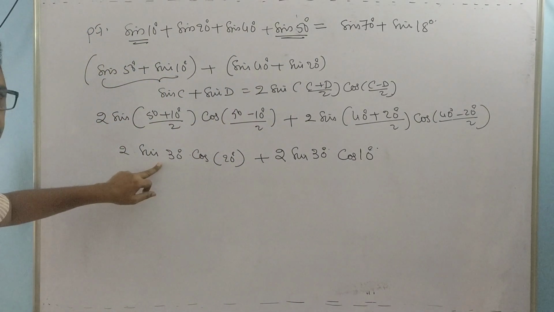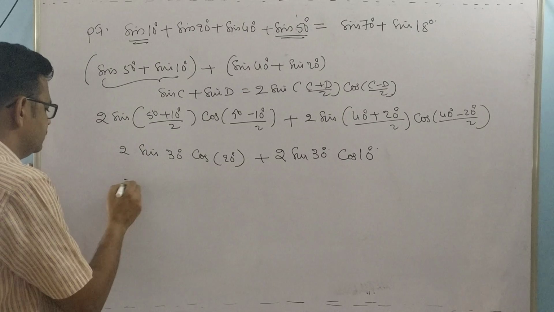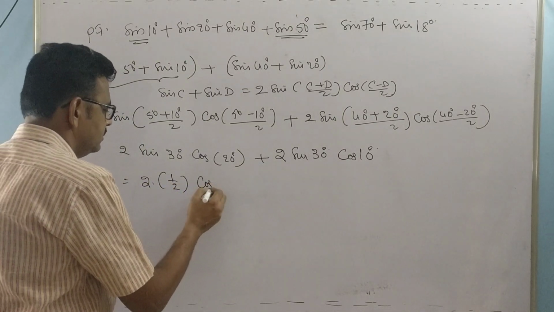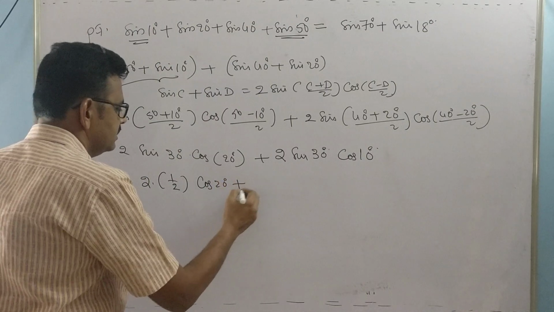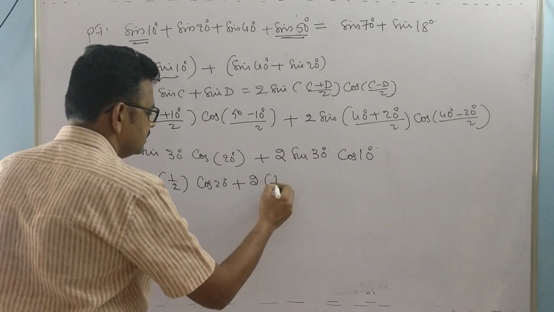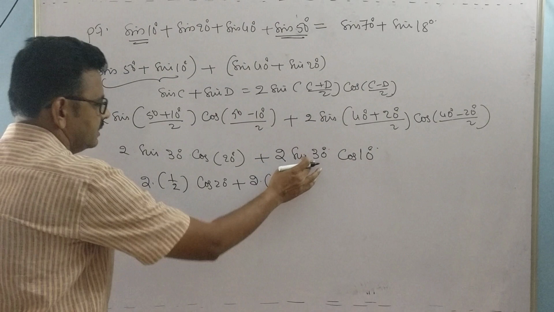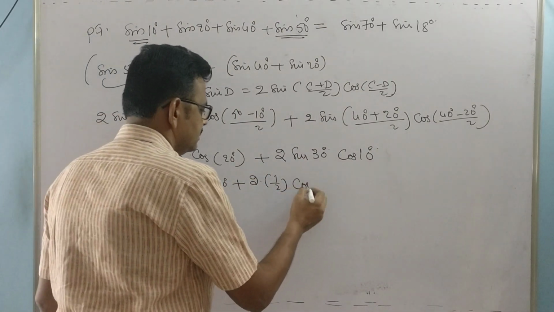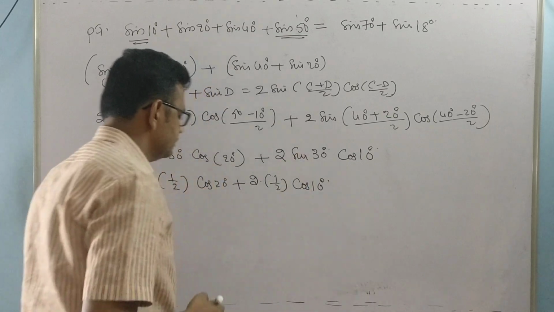Now we know the value of sin 30 degrees is 1 by 2. So 2 into 1 by 2 into cos 20 degrees, plus 2 into 1 by 2 into cos 10 degrees.